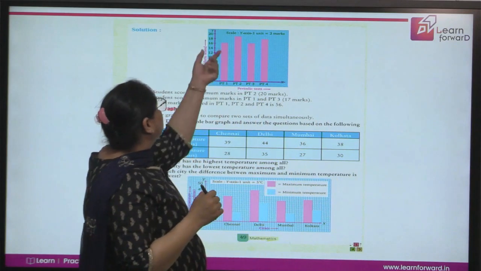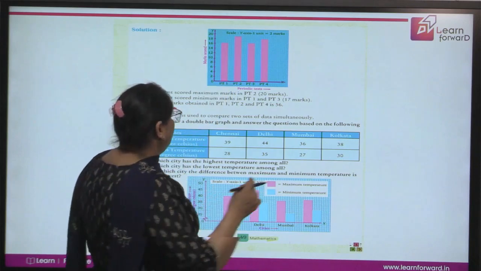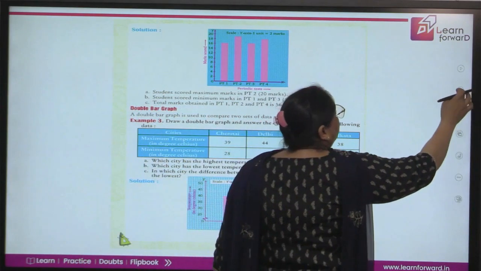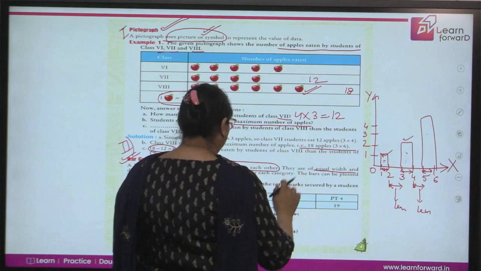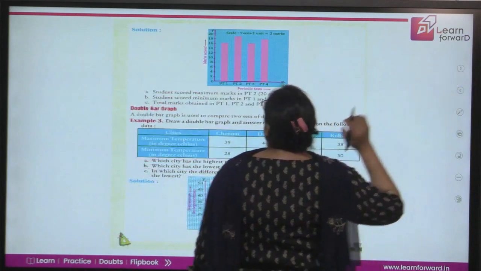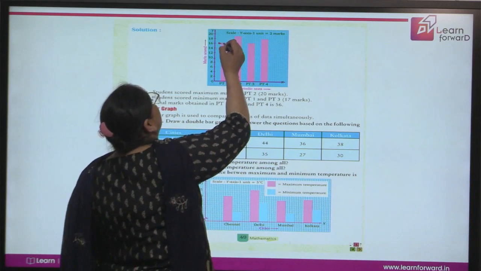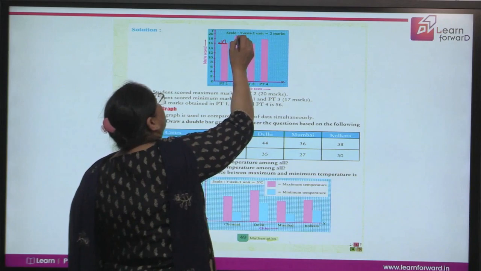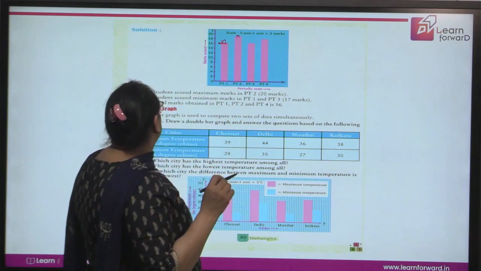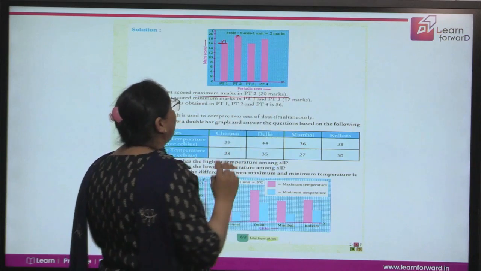PT1 marks 17, then 20, 17, 19. The student scores maximum marks, 20, in PT2.